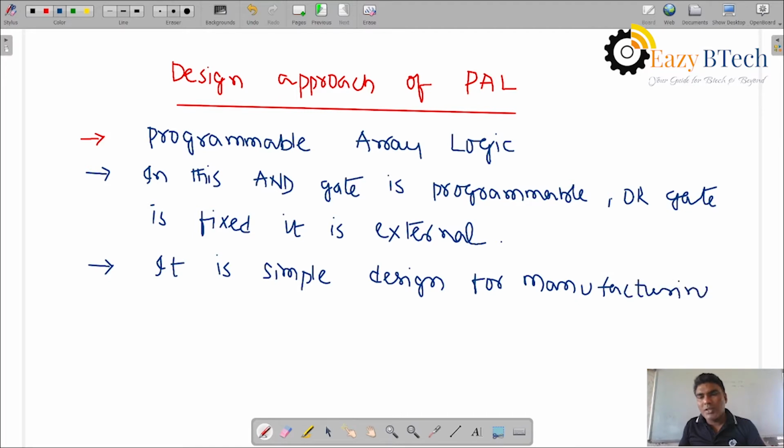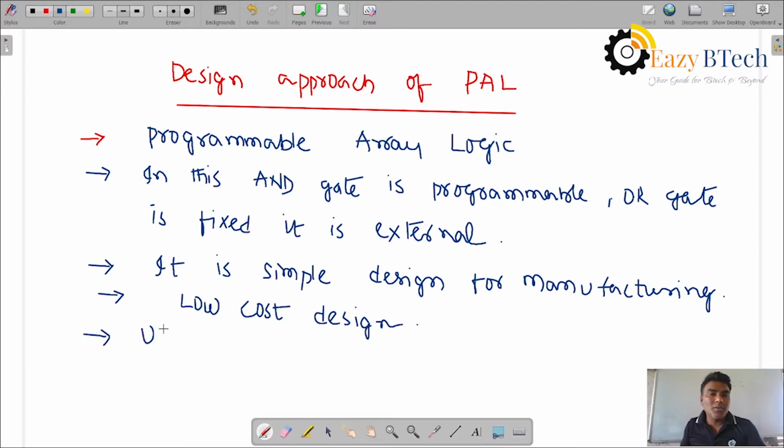PLDs are the advancing semiconductor trends. The simplest design also means low cost. It is a low cost design.